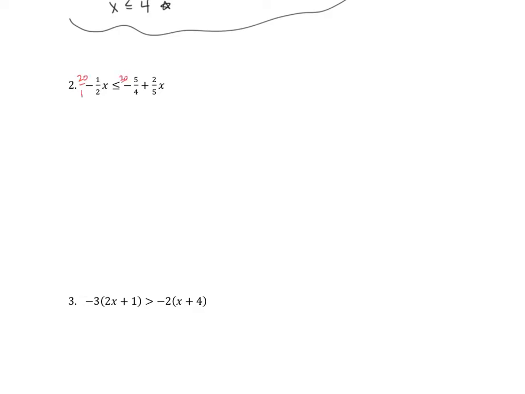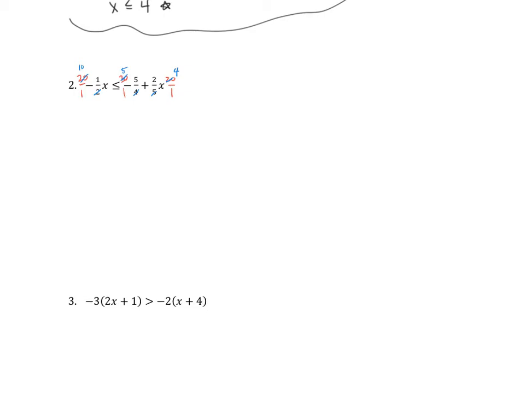So we're going to end up multiplying everything by 20, and we can reduce. So that'll be 10, that will be 5, and that will be 4. Because 20 divided by 2 in the first fraction is 10. In the second fraction, 20 divided by 4 is 5.